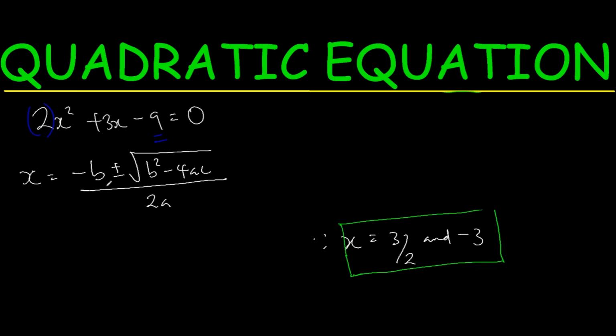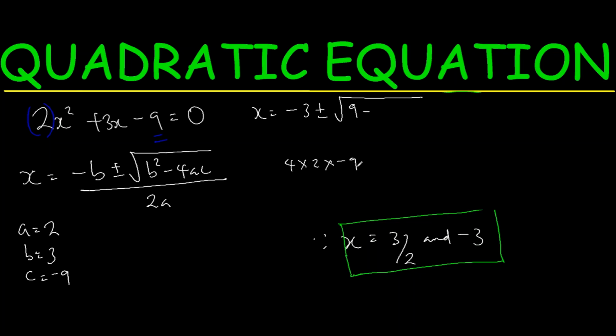As we can see from our equation, a is equal to 2, b is equal to 3, and c is equal to negative 9. So we'll substitute a, b, and c into our formula. We'll have x is equal to minus 3 plus or minus the square root of b squared, that is 9, minus 4ac. 4ac is 4 times 2 times minus 9.